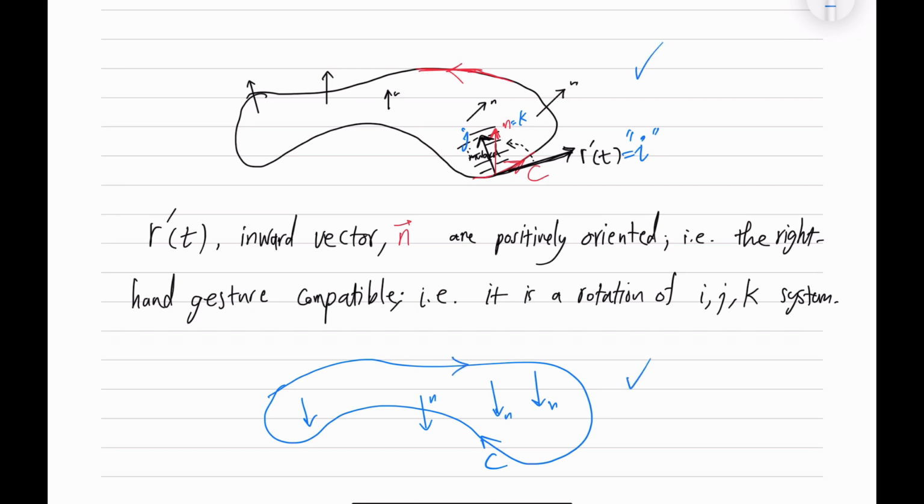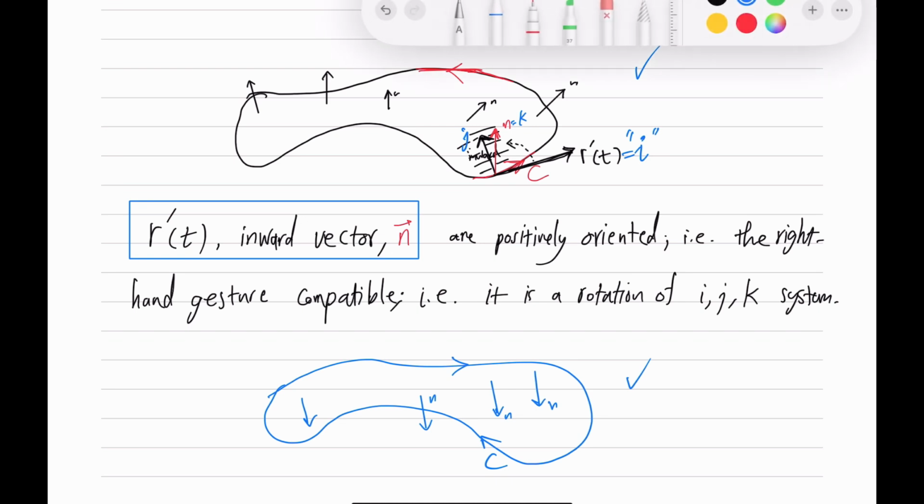So in both of these cases Stokes' theorem will hold, but if we only switch the direction of either n or C but not both, then Stokes' theorem will not hold. There will be a difference of a minus sign. So that is a big restriction on the orientations that we fix on the surfaces.